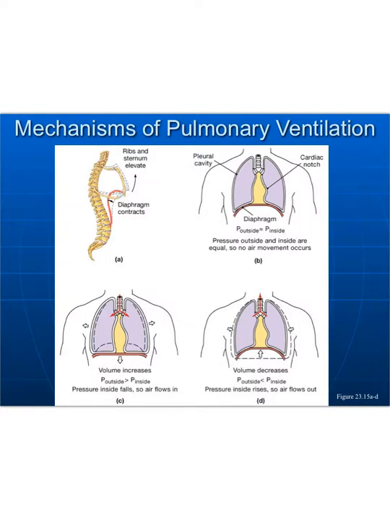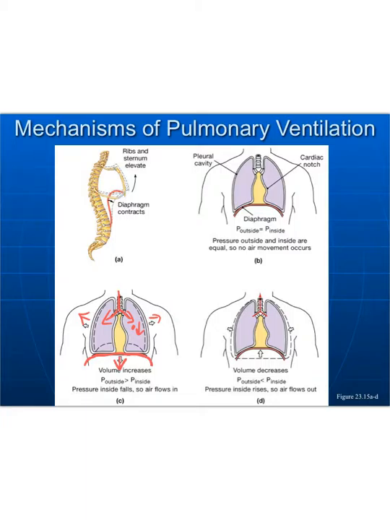Okay, so here they're showing you the thoracic cage. Again, as we breathe in, the volume increases. Why does the volume increase? Because what makes us inhale is that the diaphragm is going to flatten. As the diaphragm flattens, that pulls the lungs downward, and then you have other muscles that are going to pull the thoracic cage outward. So the pressure inside the lungs has dropped, and air moves in until the pressure is equal.